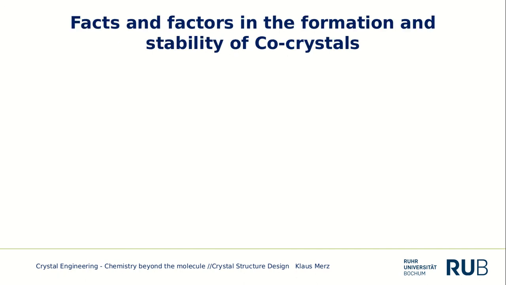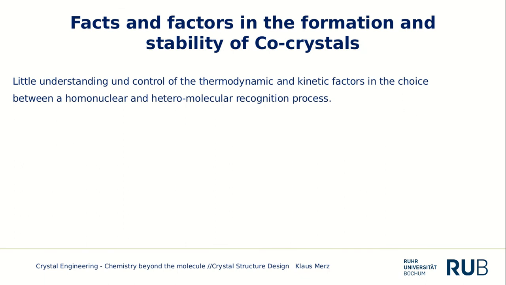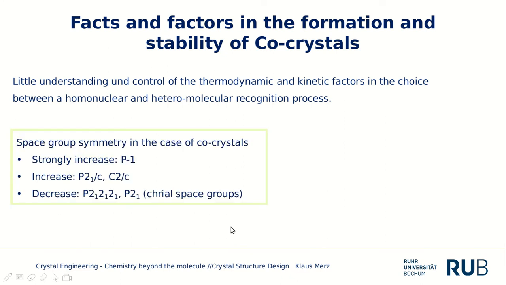And in summary, you directly see from this last slide, we have little understanding and control of thermodynamic and kinetic factors in the choice between a homomolecular and heteromolecular recognition process.